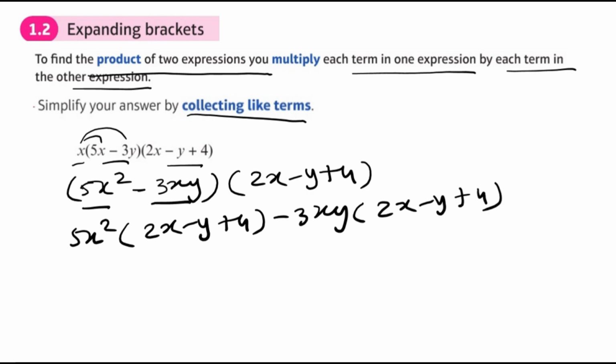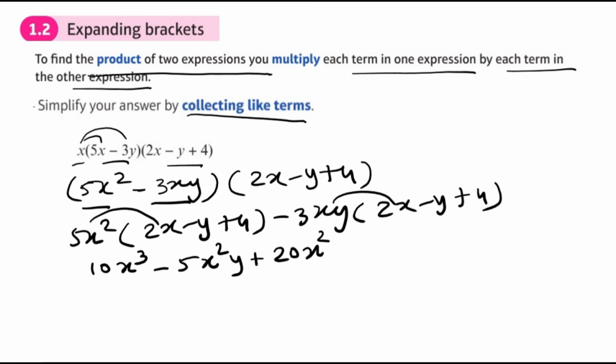Expand the bracket by multiplying each term. 5x squared times 2x will give me 10x cubed minus 5x squared y plus 20x squared. Minus 3xy times 2x will give you minus 6x squared y plus 3xy squared minus 12xy. So we multiply each term.